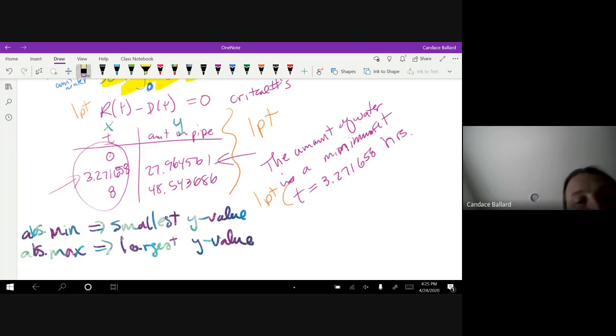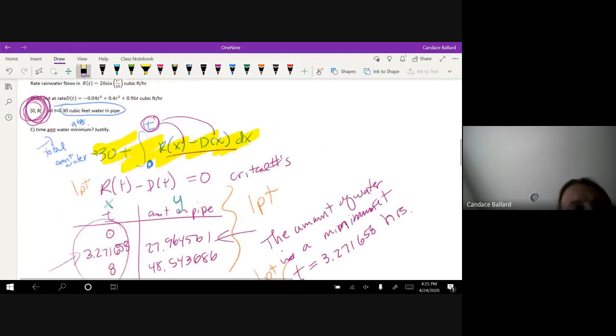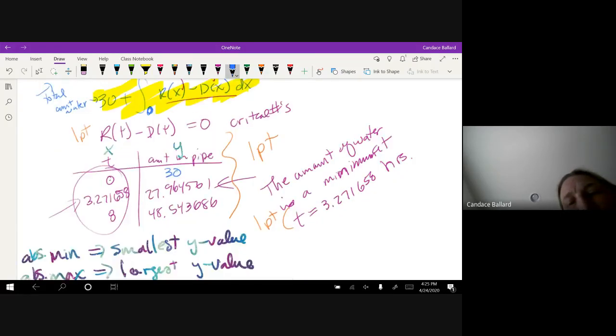I see why you're all questioning me on this, and you should be. I have a typo. Look at what it says right here. T of 0 equals 30. So I should have put a 30 there. Now does this number make sense that that's the smallest? There we go. Gabby got my mistake.